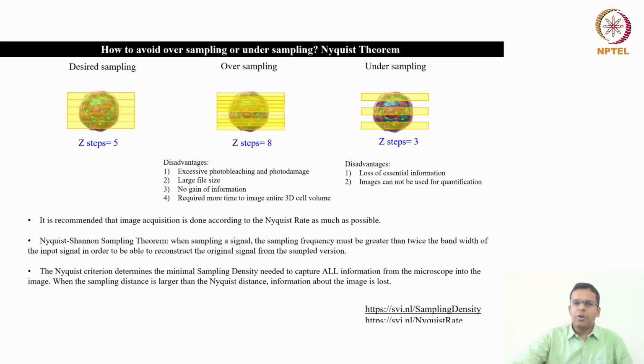These days, many modern microscopes automatically tell you these numbers based on the optics selected, so you may not need to use this calculator as such. If you are working with an advanced system, it is by default part of the software, and the software calculates this Nyquist distance for you and directly shows you the step size you should use.